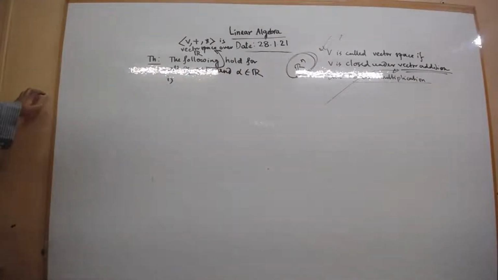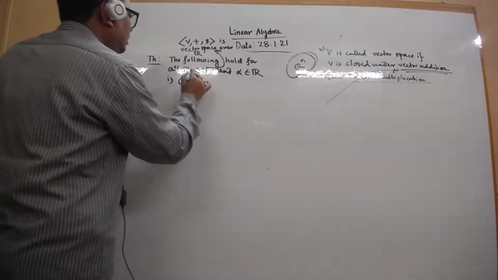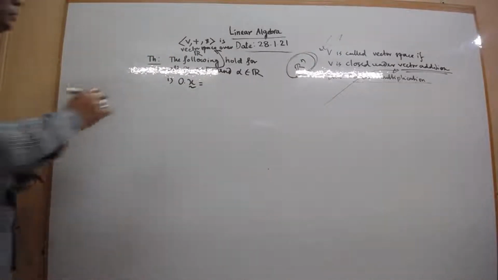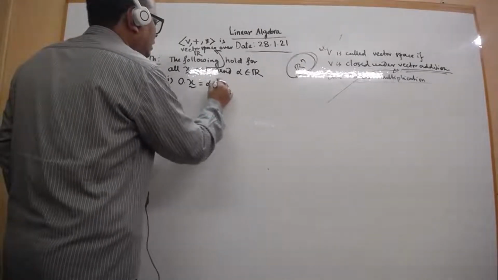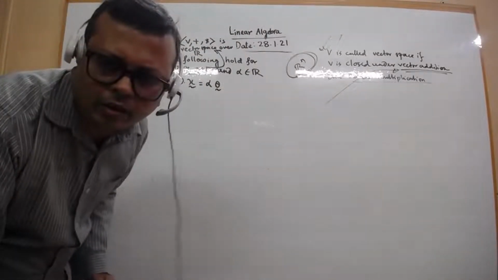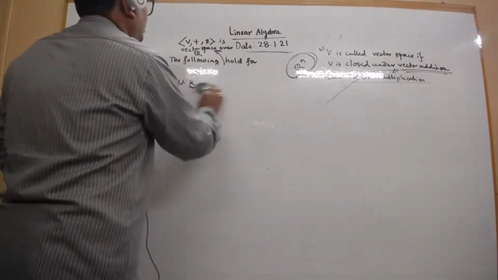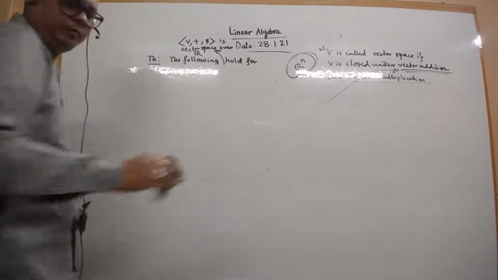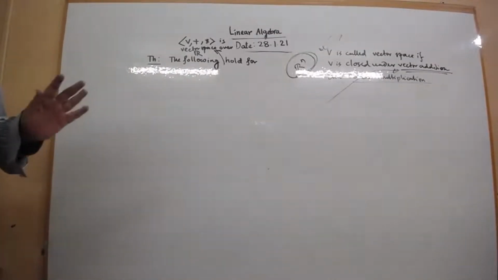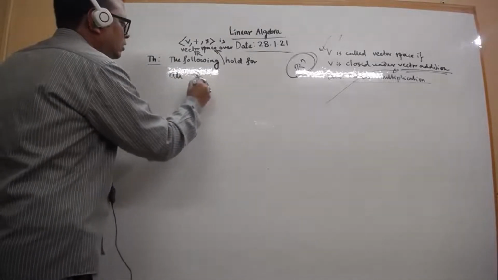One, zero x equal to alpha theta. Cannot see the second line of the theorem. Okay. The following holds for all x.